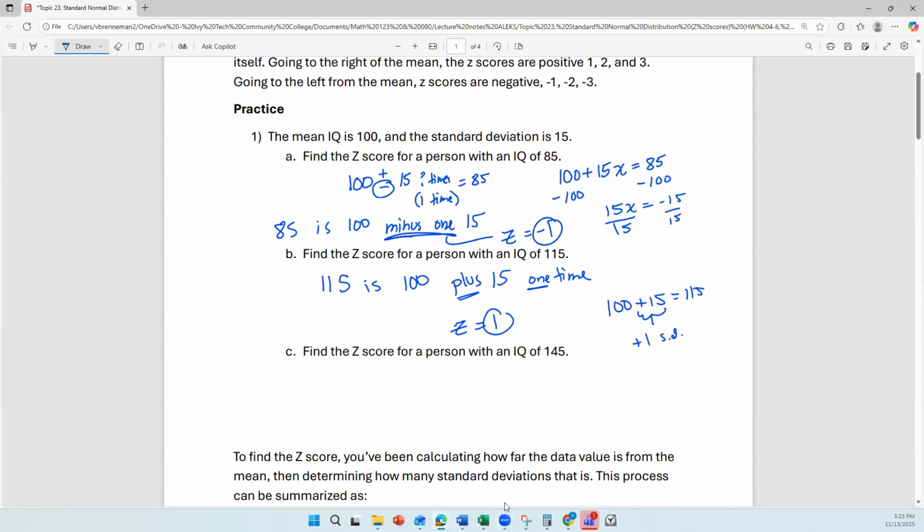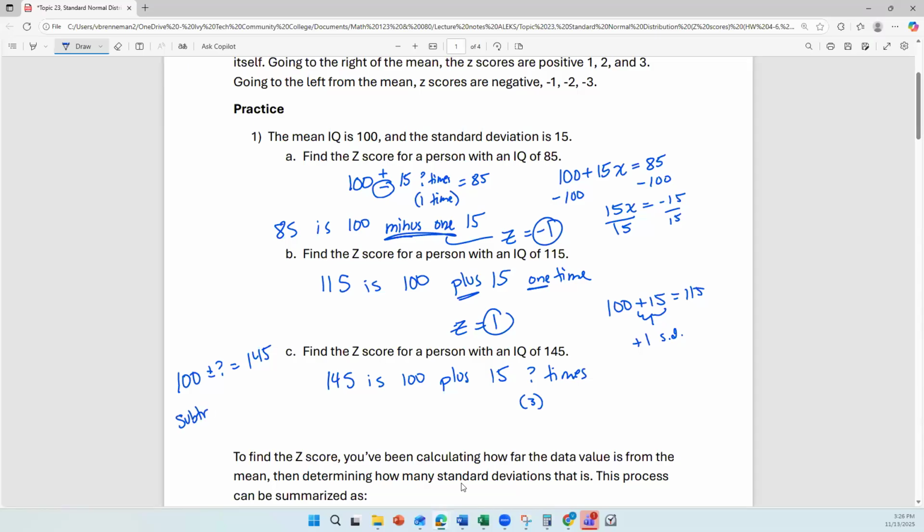145, that is 100 plus something, plus 45. How many times 15? It would be 3 times. So when you're asking what do I add or subtract to get from this number, the process to do that is you subtract.